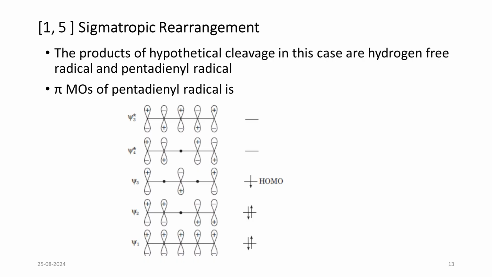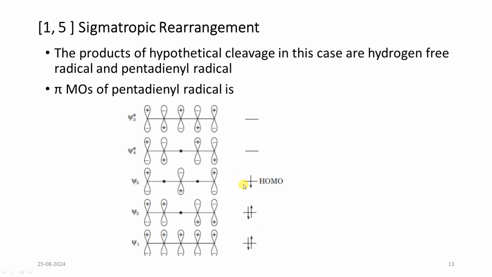Next, let us consider the 1,5 sigmatropic rearrangement. A very similar explanation is applicable to this rearrangement. Here also we have to consider the 2,4 pentadienyl radical system. It contains 5 molecular orbitals, Psi1, Psi2, Psi3, Psi4 and Psi5, and there are 5 electrons.